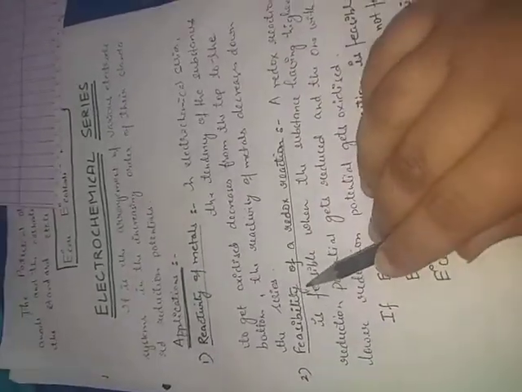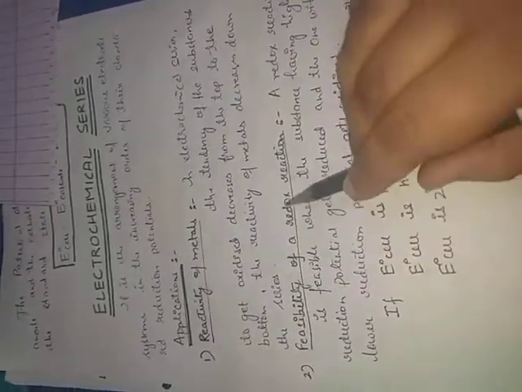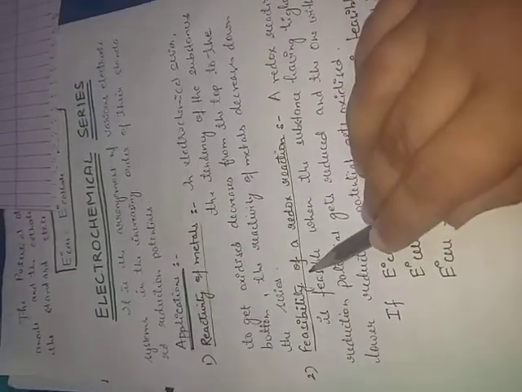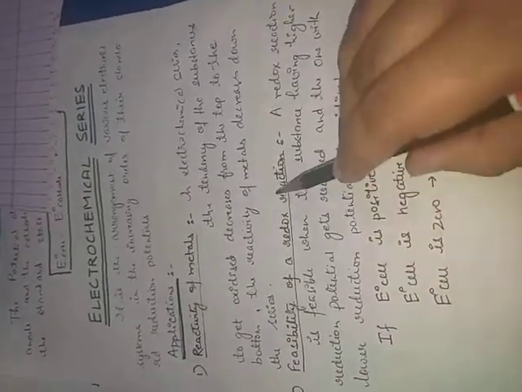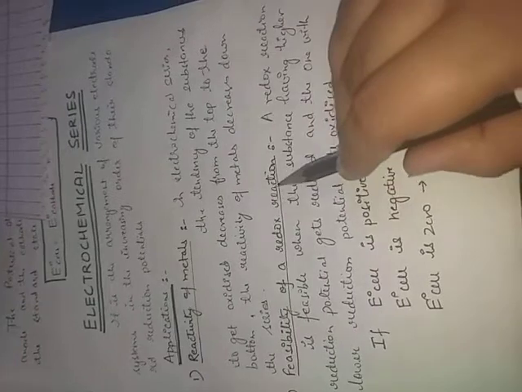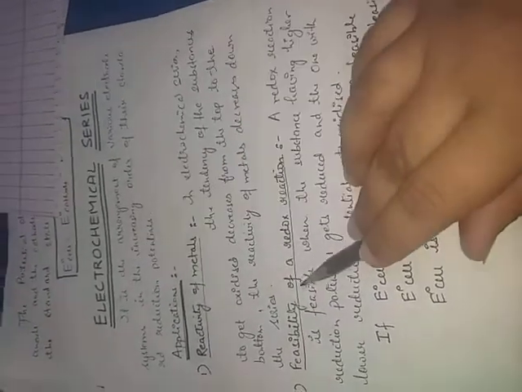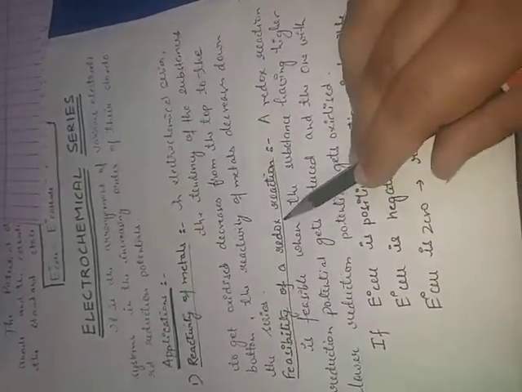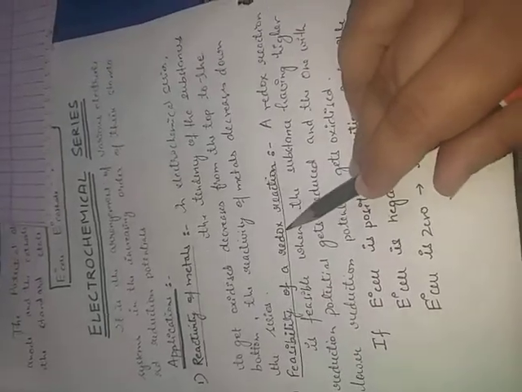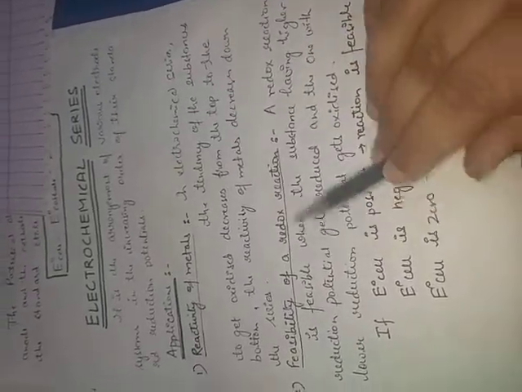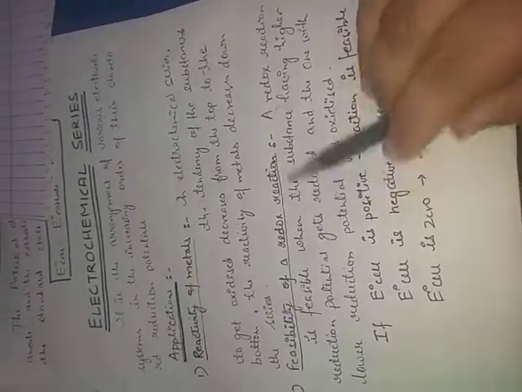The second one is the feasibility of a redox reaction. Feasibility means whether the reaction is spontaneous or not, or whether the reaction is possible or not. This is the meaning of feasibility of a redox reaction. We know that oxidation and reduction reactions occur simultaneously.